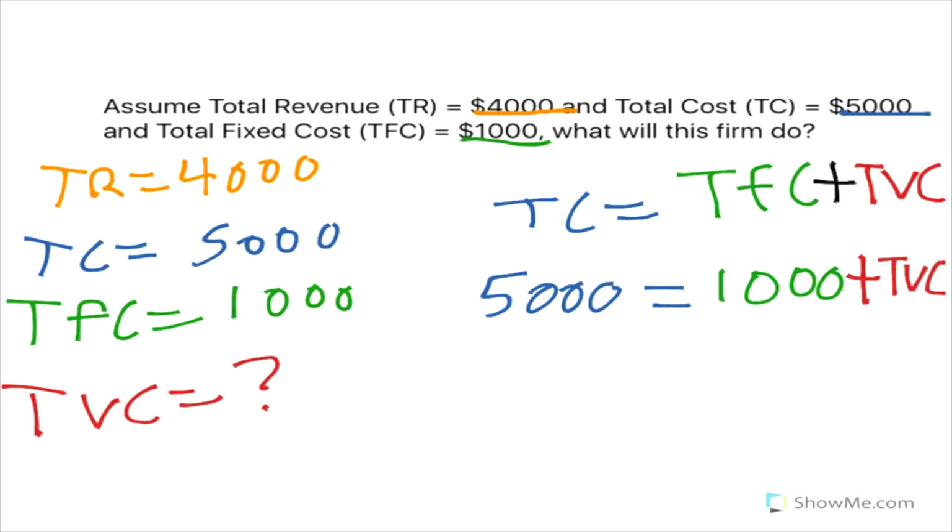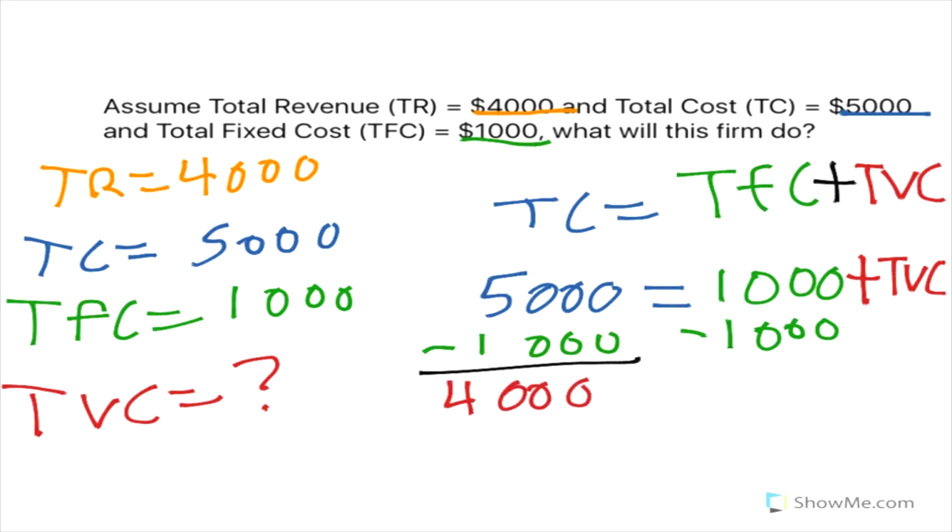We're going to do some simple math: subtract 1,000 from both sides, which will give us 4,000 equals total variable cost.